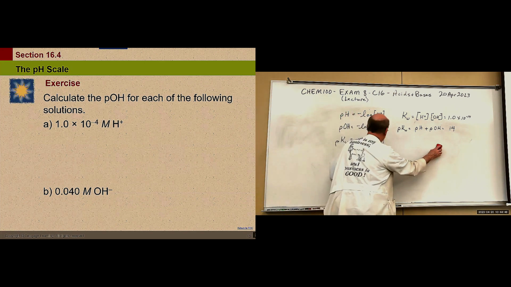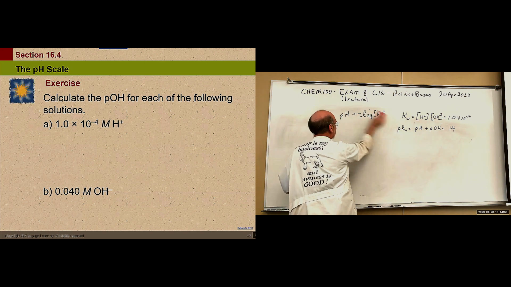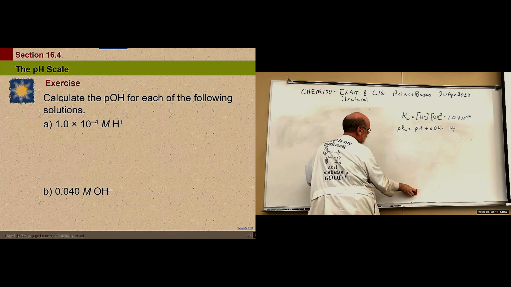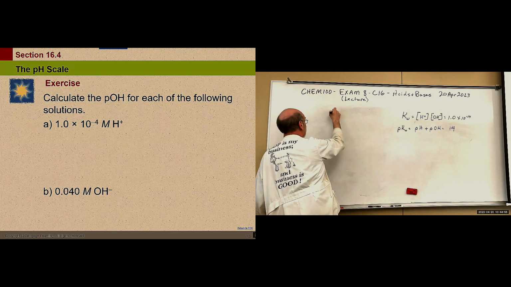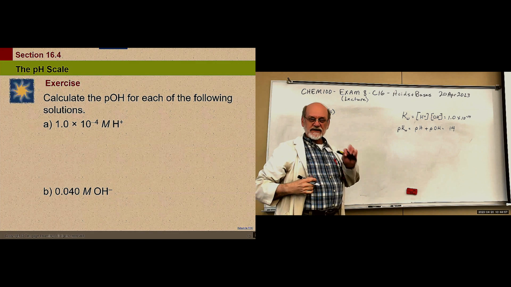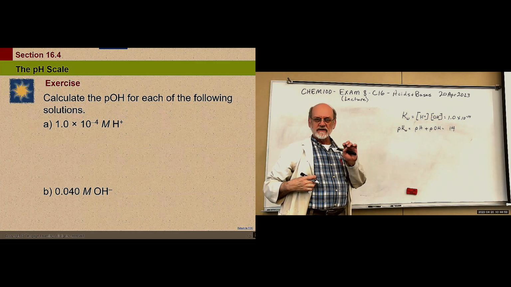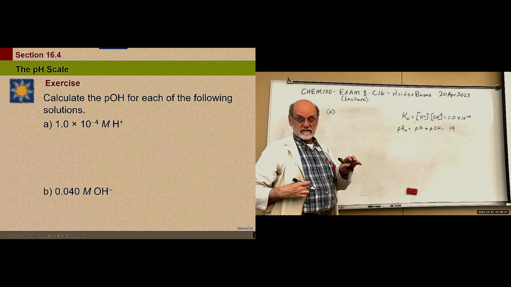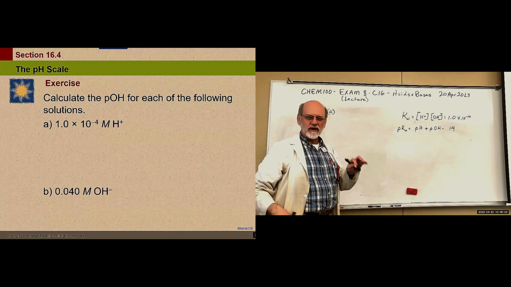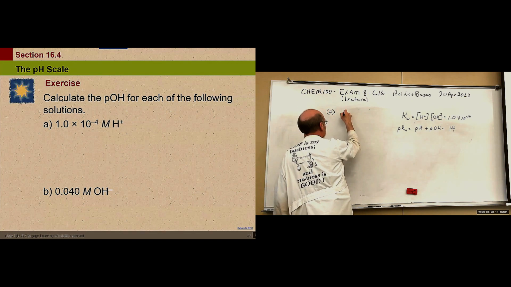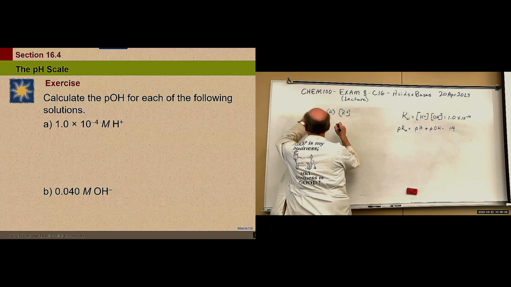So let's use that formula. And what is the pOH for each of the following? So 1 times 10 to the minus 4 is hydrogen ion concentration.